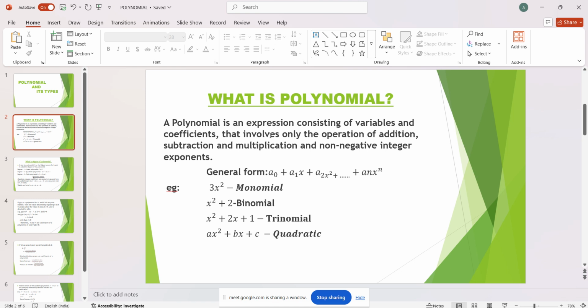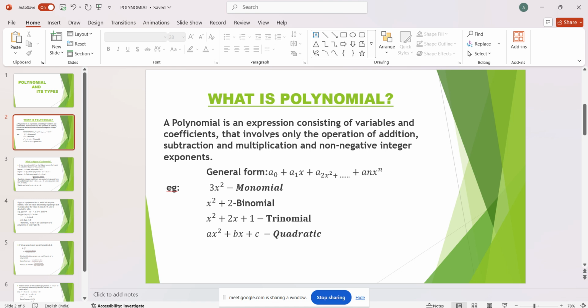Together that is 3x square, only one term, called a monomial. Then a polynomial that has two terms is called a binomial. Example, x square plus 2, 2y plus 1, 2z plus 6, like that, two terms. Otherwise 2x square plus 4x. That is called a binomial, with two terms.